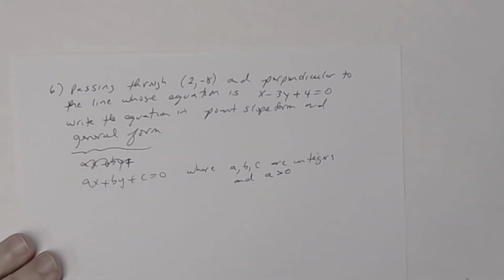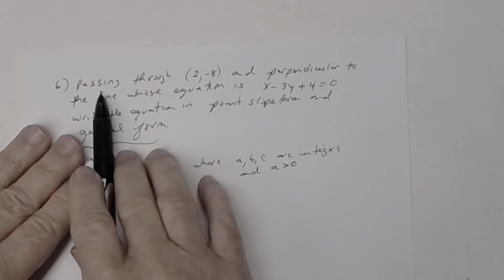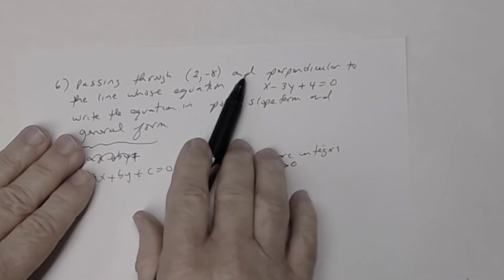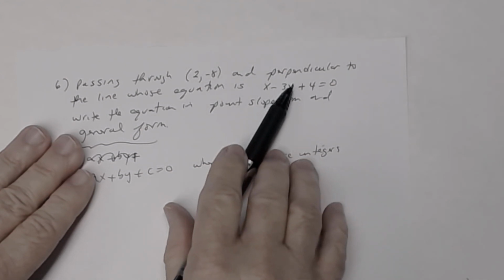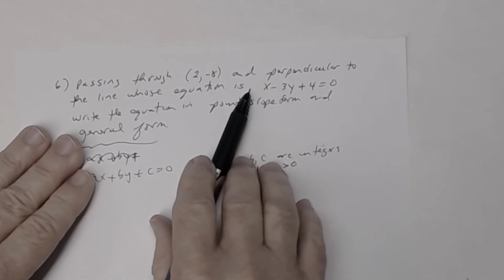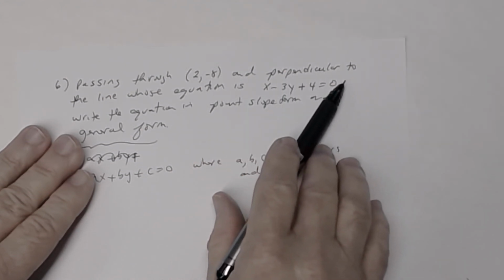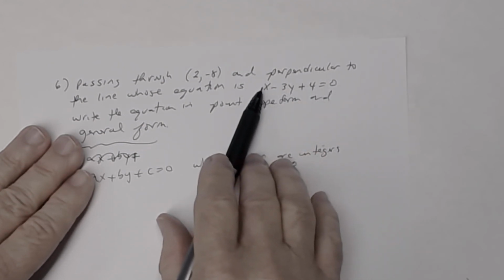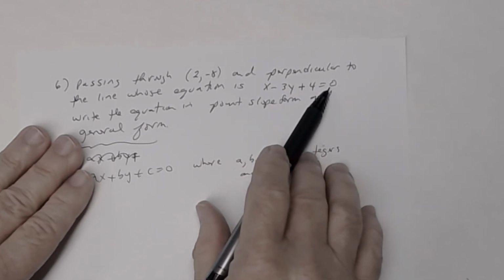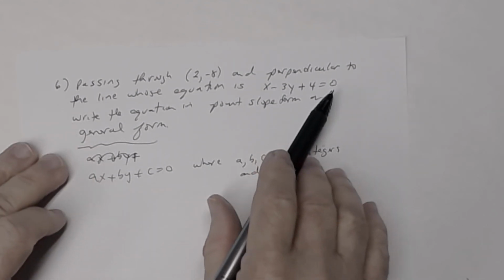So number 6, you want to find the equation of the line that passes through this point and is perpendicular to this line. So just like in number 5, this equation right here is not in slope-intercept form, so we're going to have to transform it to slope-intercept form. Now the difference is this.